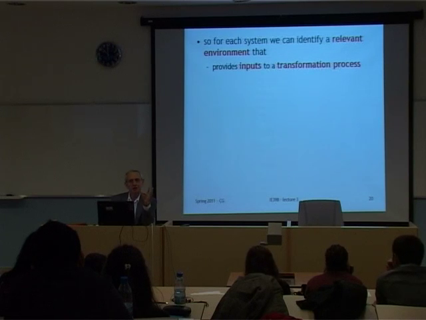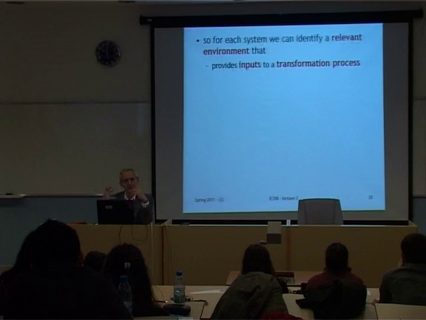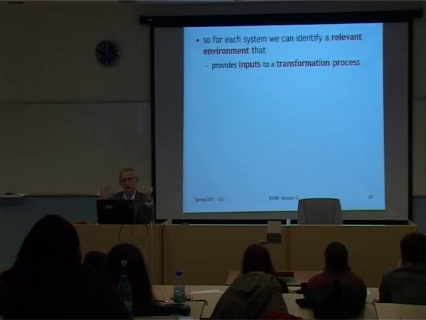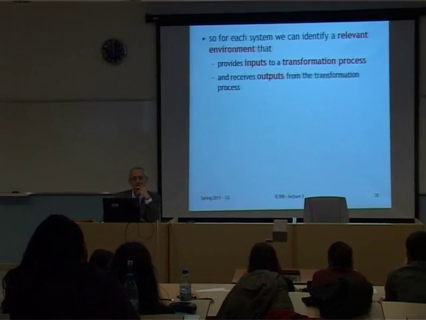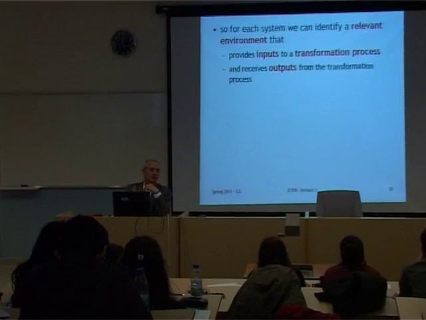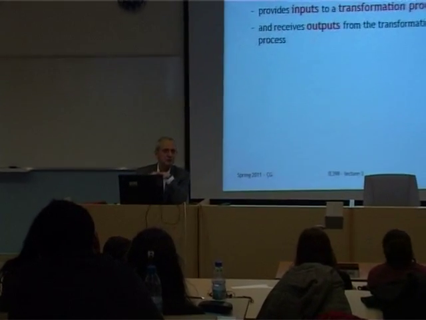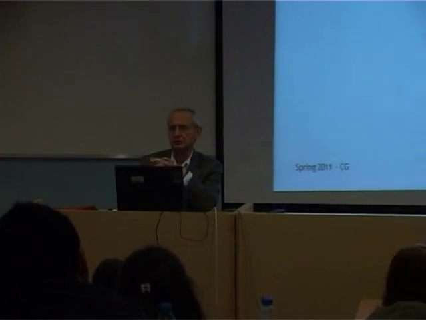The relevant environment of the system provides inputs to the system, and there is a transformation process within the system. So these inputs are inputs to a transformation process, and the relevant environment receives outputs from this transformation process. This is how we understand the system. It's an engineering definition of the concept of a system.